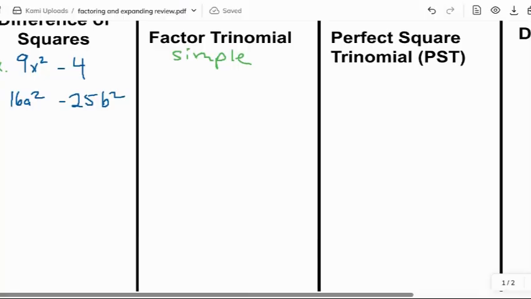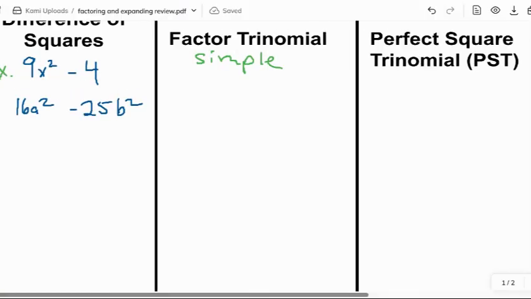So what I see is that it's a binomial. There's two terms. There's a minus in the middle. And both terms, we call them perfect squares. Both terms are perfect squares.